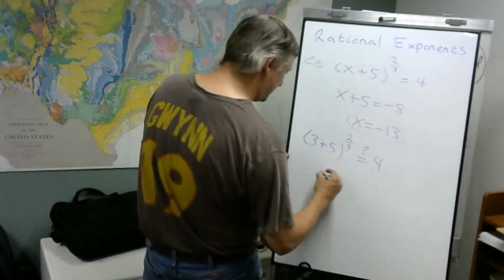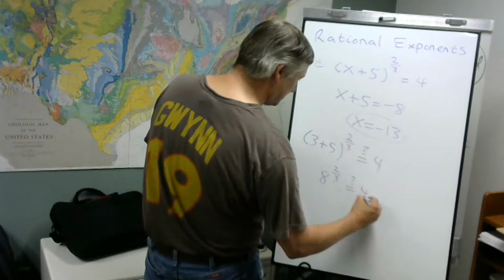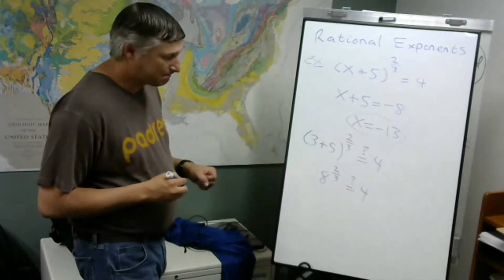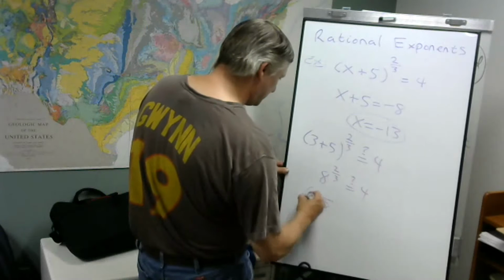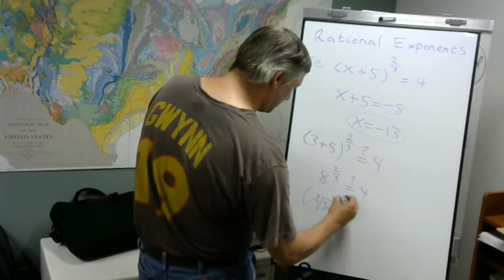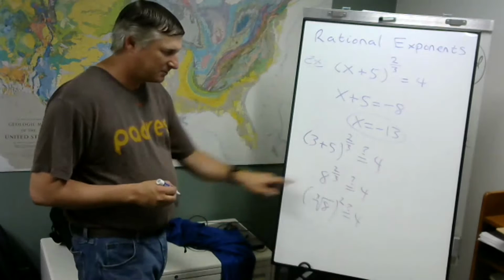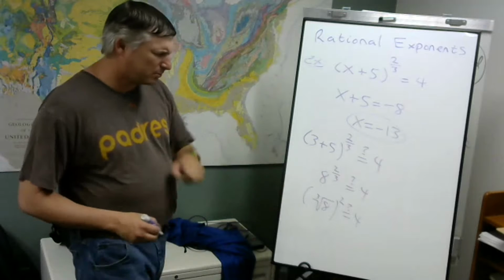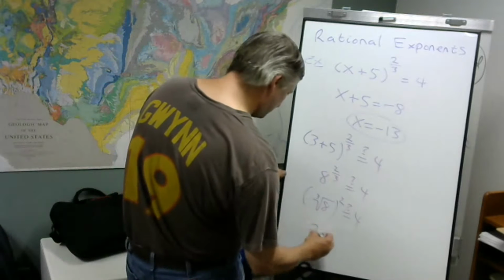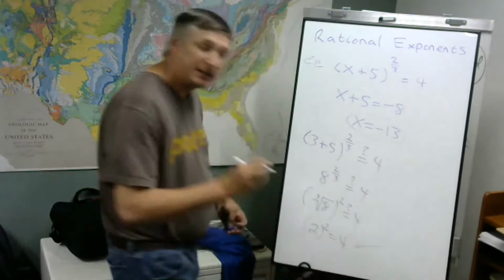Or put another way, is 8 to the 2/3 equal to 4? Or is the cube root of 8 squared equal to 4? So I see a cube root and square going on. Cube root of 8 is 2. And sure enough, 2 squared equals 4.